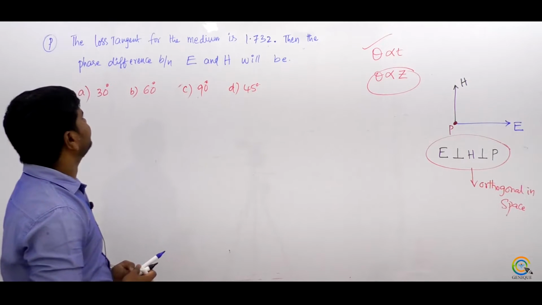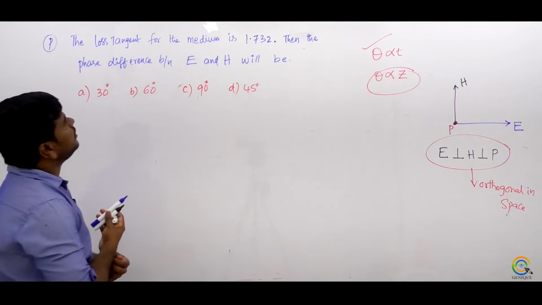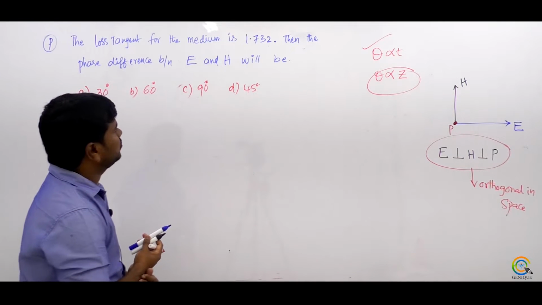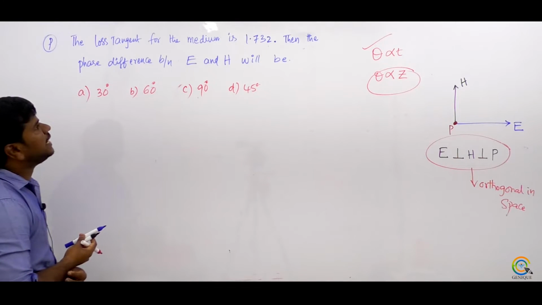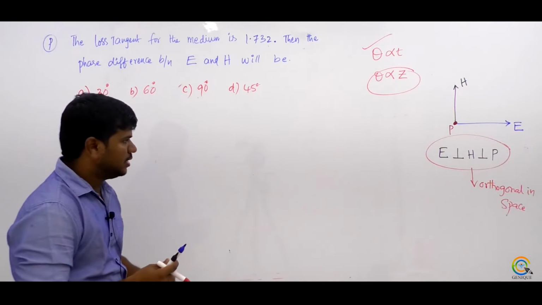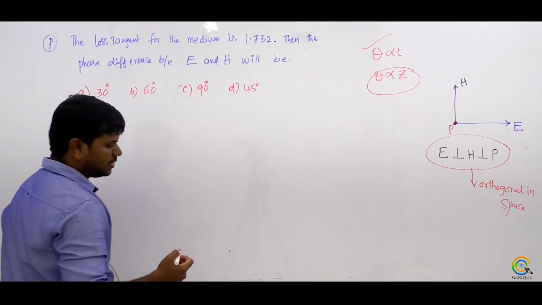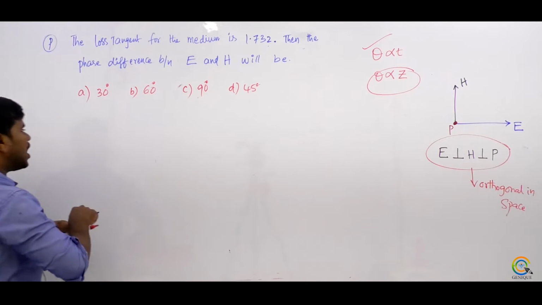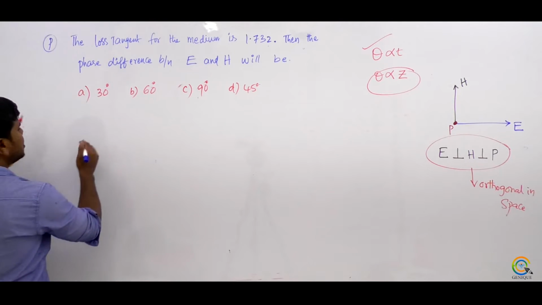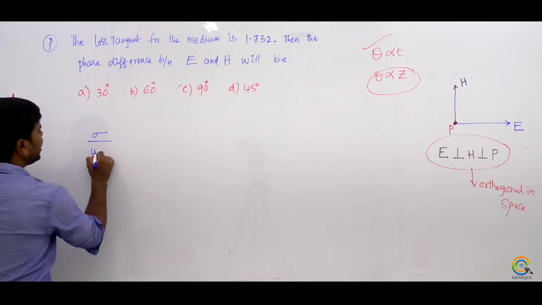Now come to the question. The loss tangent for the medium is 1.732. Then the phase difference between the E and H will be. Now come to the concept. What is the loss tangent? We know the loss tangent equals sigma divided by omega epsilon.